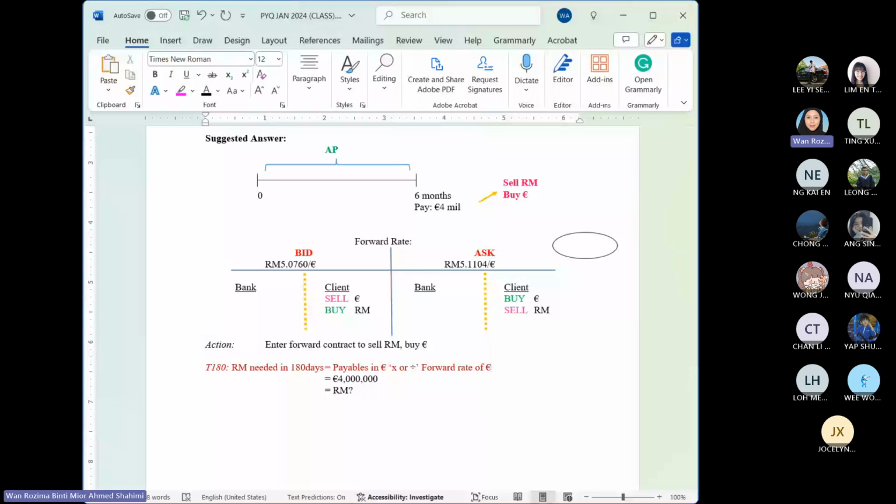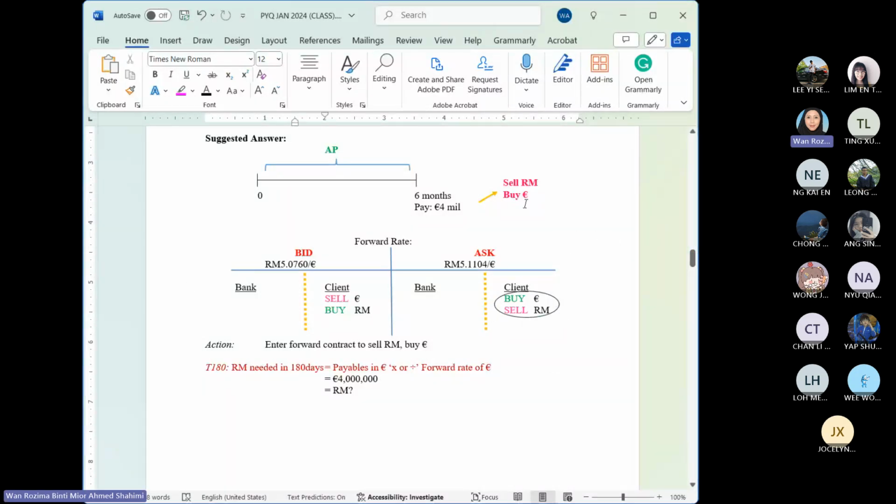Yap Shun Kin says ask price. I need one more answer. Engkain, I think you said that you have done it. Do you mind telling me the answer? Are you choosing the ask price as well, or bid price? Anyone agree with Yap Shun Kin? Yes, ask price. Great.